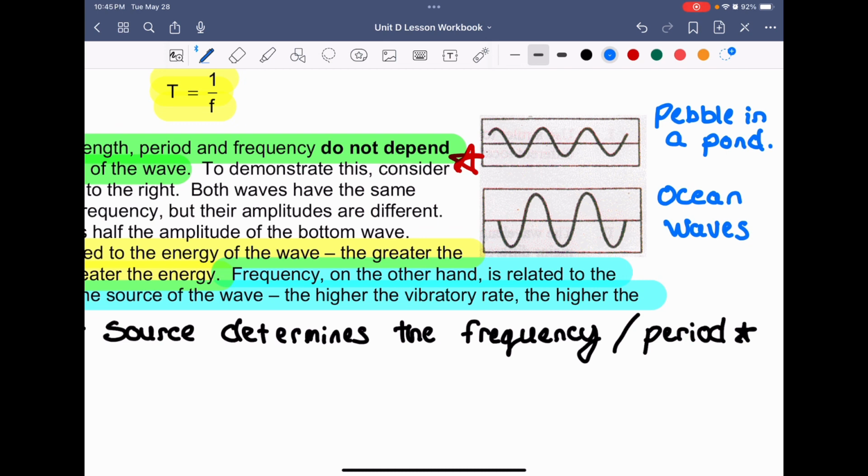But what could be true is that the period, frequency, and wavelength might be the same in certain conditions between ocean waves and a pebble in a pond, but something like a tsunami generates a lot more energy, therefore a lot more amplitude. Again, that might be a bad example as well, but it serves the purpose that we have different energies in the system that can share the same principles of wavelength, period, and frequency, but not the same amount of energy.